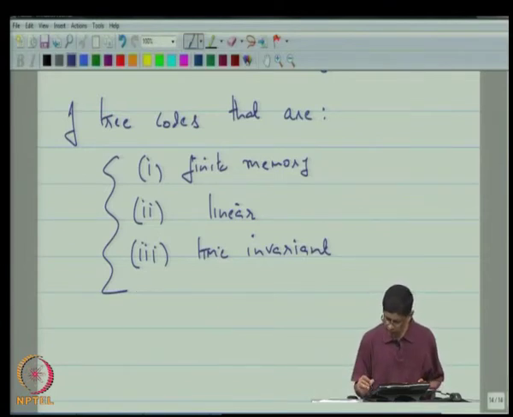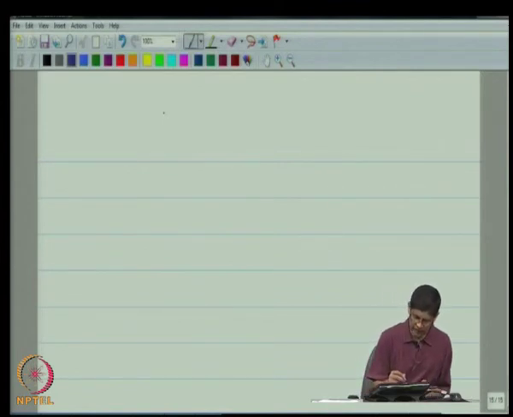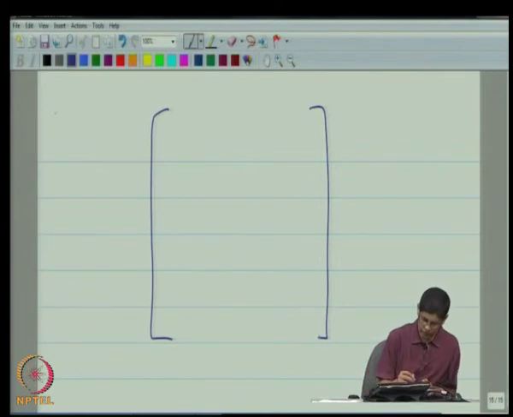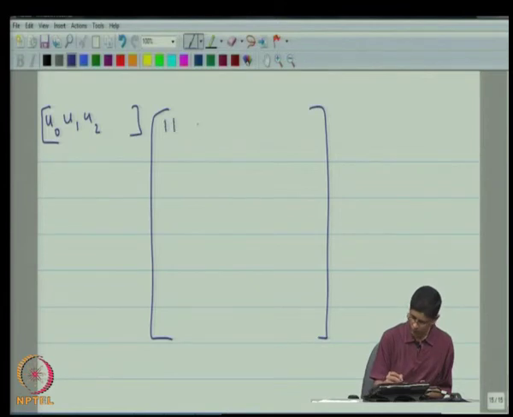Now, if you want to do something analogous to what we did for the case of block codes, you could write down a generator matrix, except that it is not very convenient because it would look something like this. So here would be your input symbols U0, U1, U2, etc., and your output symbols, you could view them as being generated using a matrix of this type.